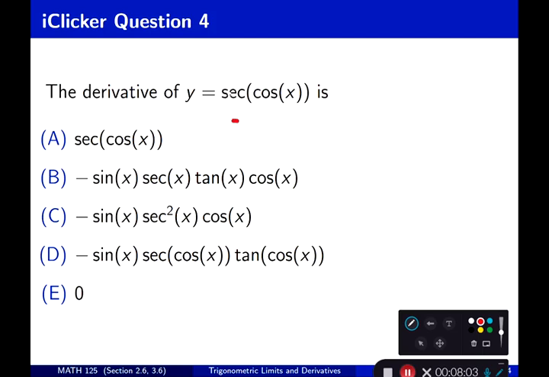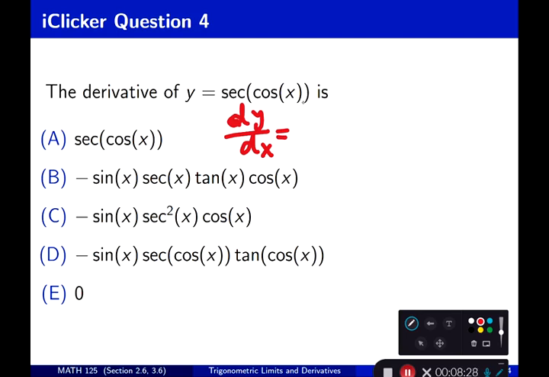The derivative of y with respect to x is going to be the derivative of the outside function, which is the secant of cosine of x. The secant part is the outside function.